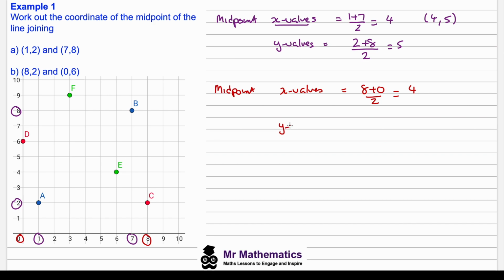And the y values, well, this will have 2 and 6. So 2 add 6 divided by 2 will give us 8 divided by 2, which is 4. So the coordinate of the midpoint of the line segment between C and D is 4 and 4.